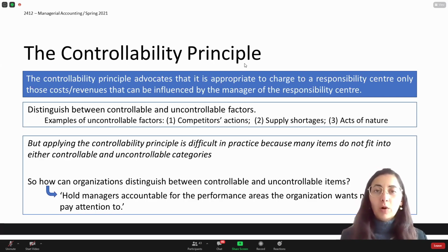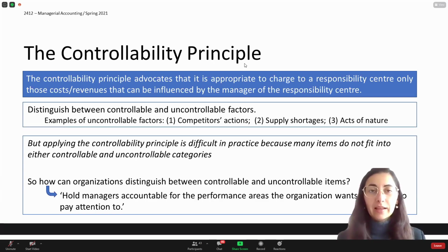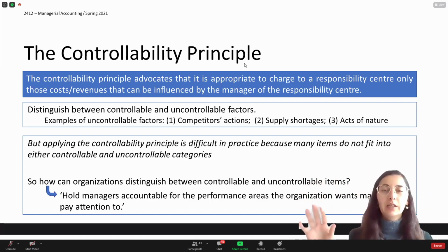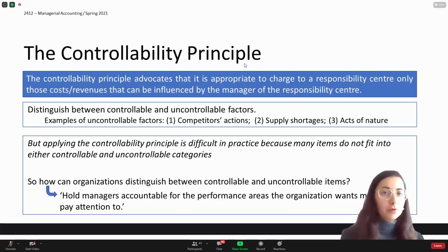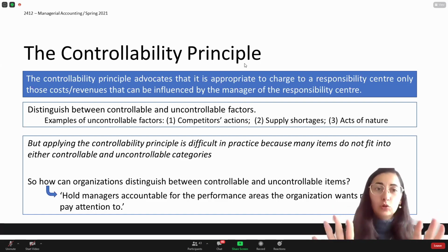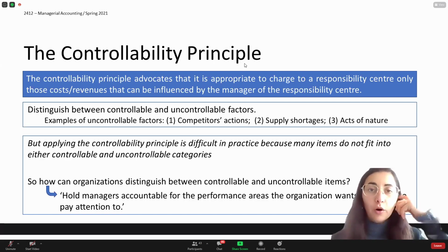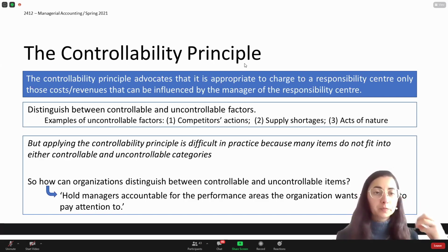So what we want is for managers to focus on those areas that we want them to pay attention to. Okay, there are a lot of factors that the manager can be responsible or not responsible for, that they can control or not. But we want the manager to focus on this. Okay, let's go back to the example of the store in the shopping mall.